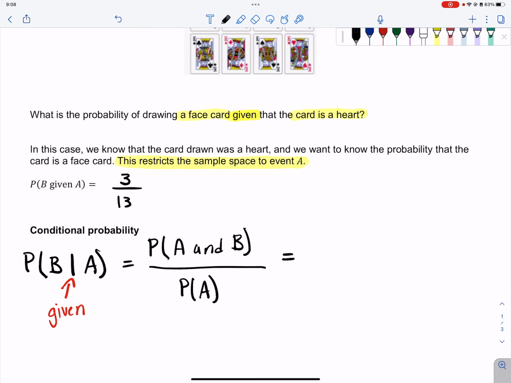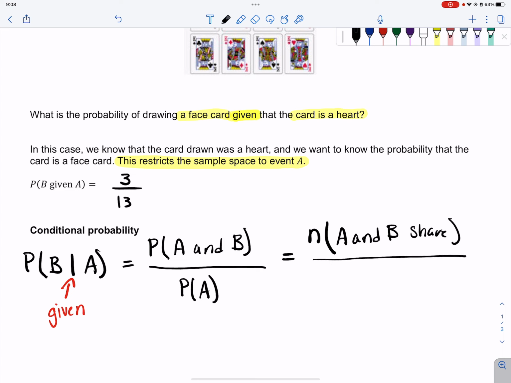So another way that we can write this is to think of this as being the number of elements that A and B share, divided by the number of elements in A. And this is because we are essentially restricting our sample space to A. So we no longer have the number of elements in our sample space in our denominator, but we now have the number of elements in A, what we have restricted, shrunk down the sample space to be.